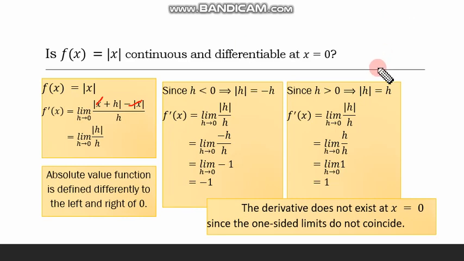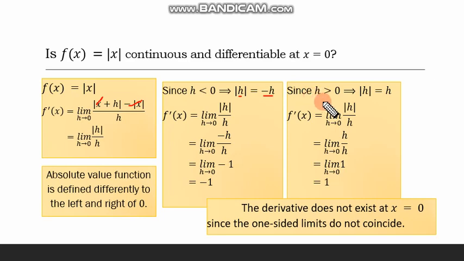So in order to identify that, we need to take the real value inside the absolute value. It means that for the real value of h inside the absolute value bars, if our h is less than 0, the real value of h is a negative value.